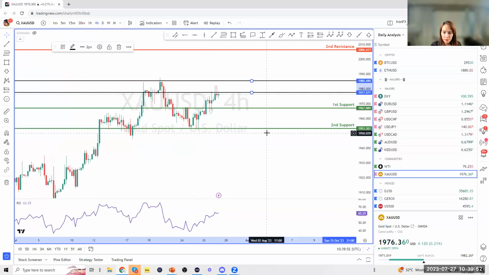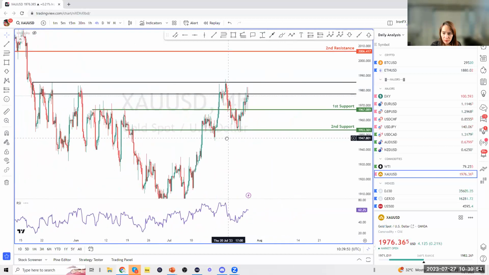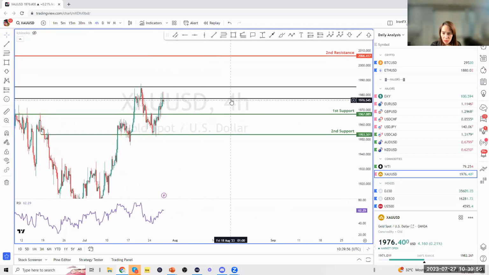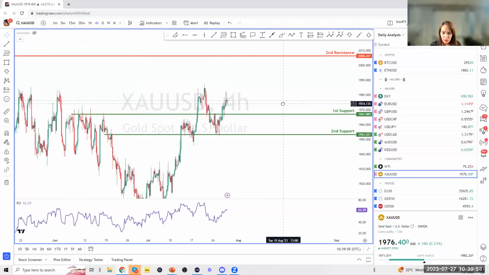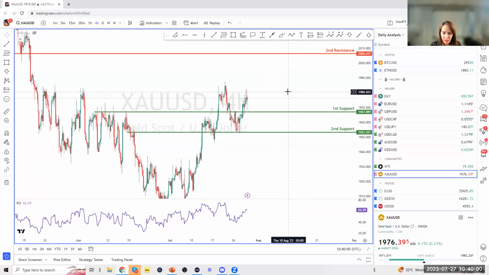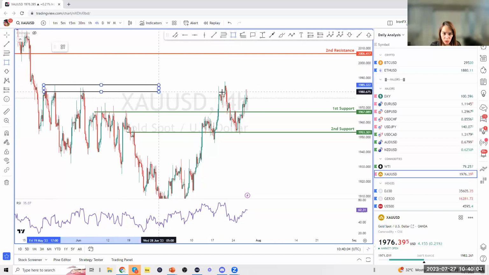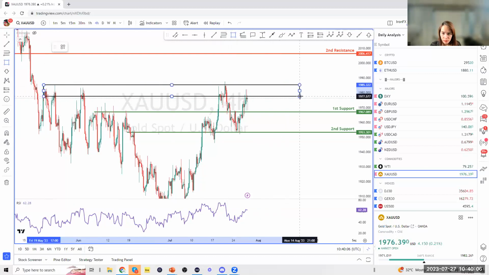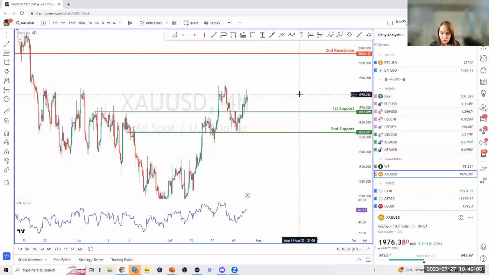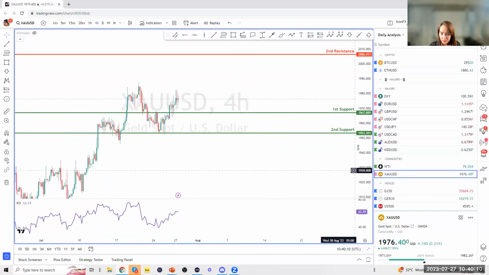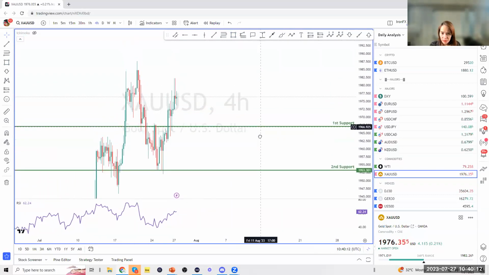You go to the H4. When you go to the H4, if you were to capture the wick, you have to draw something like this.